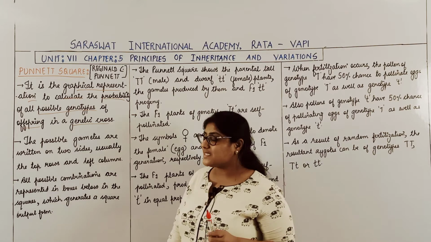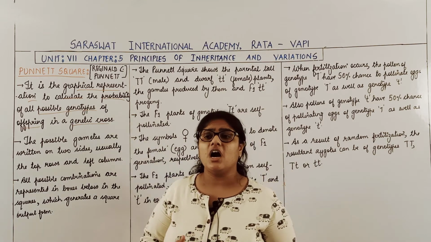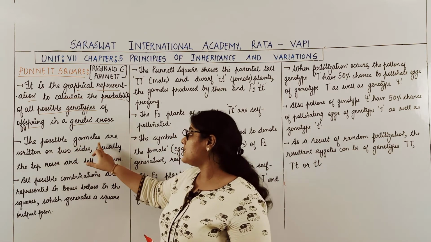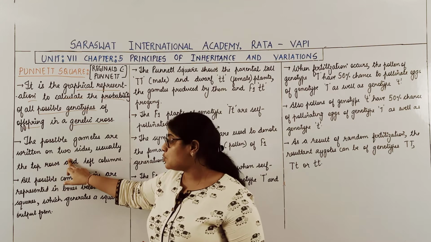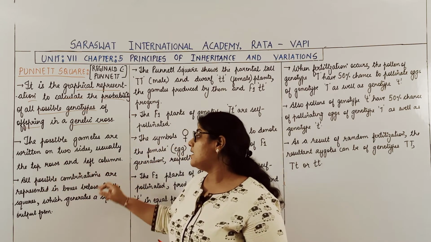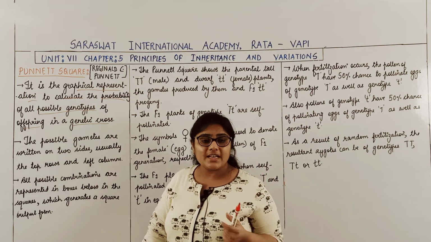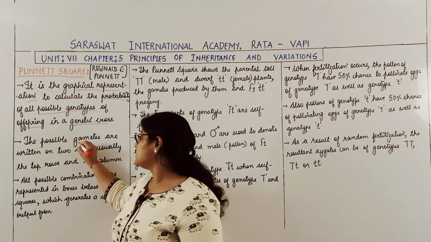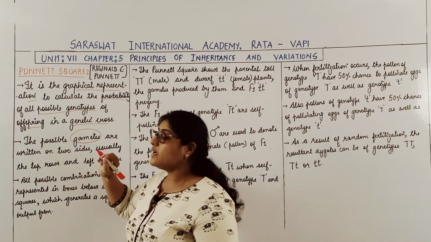So, basically how is a Punnett square formed? Students, the possible gametes are written on two sides, usually the top row and the left column. So, where are the gametes written? Students, this is very, very important. Where to write the gametes?